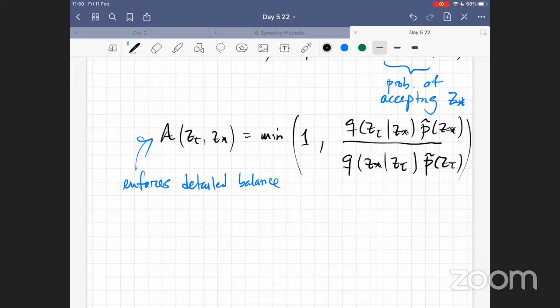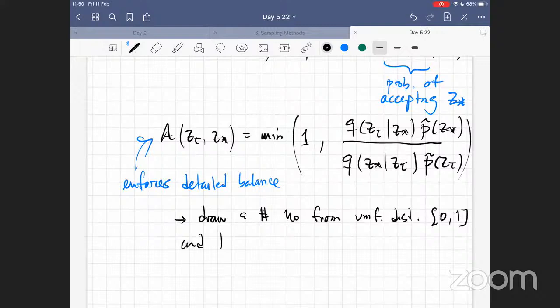Before demonstrating this, in practice, what you do is to draw a number U0 from a uniform distribution in the range 0, 1. So you draw a random number between 0 and 1.